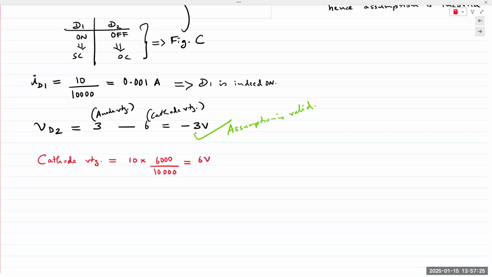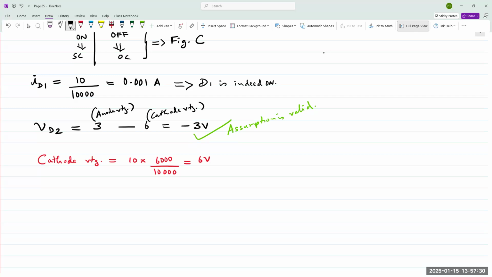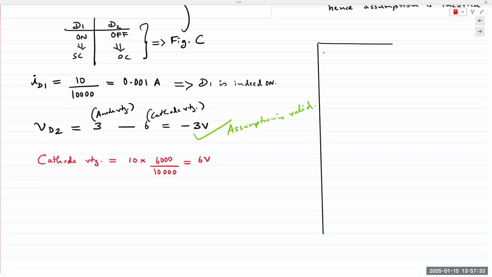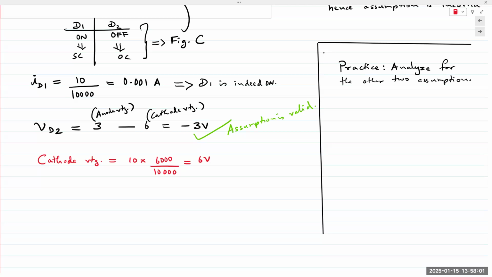So I would strongly recommend that you practice analyzing the circuit for the other two assumptions, both diodes on and both diodes off.